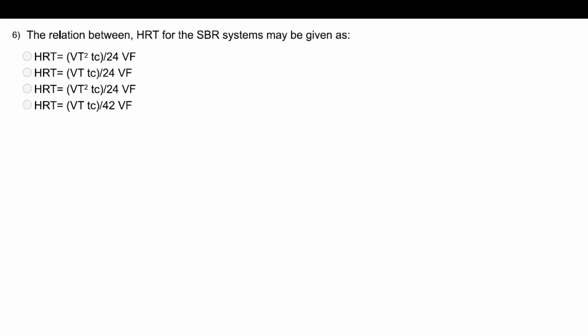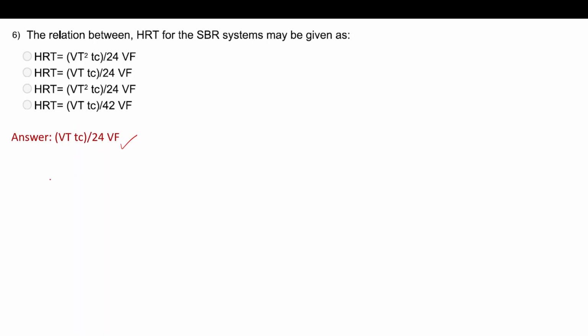Next question is the relation between HRT and TC for the SBR systems or sequential batch reactor systems is given by dash. So which is nothing but VT into TC by 24 VF. So this derivation is given to you in the class.